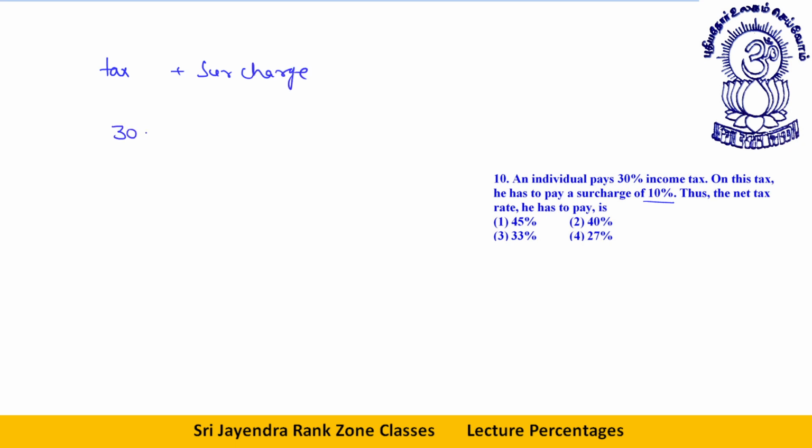The tax is 30. On this, he has to pay 10%. What is the 10%? 10% of any number is, you decrease a 0 from here, you will get 3. So it is equal to 33% total. Very easily done. This is your answer. Okay, dear students.